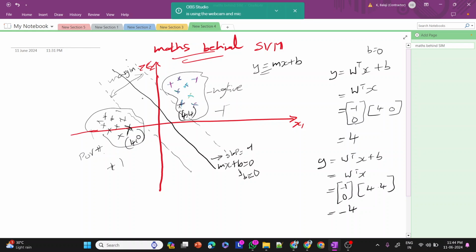Our main aim is to find a hyperplane which has a high value of margin. But how will this happen? Let's see in more depth.